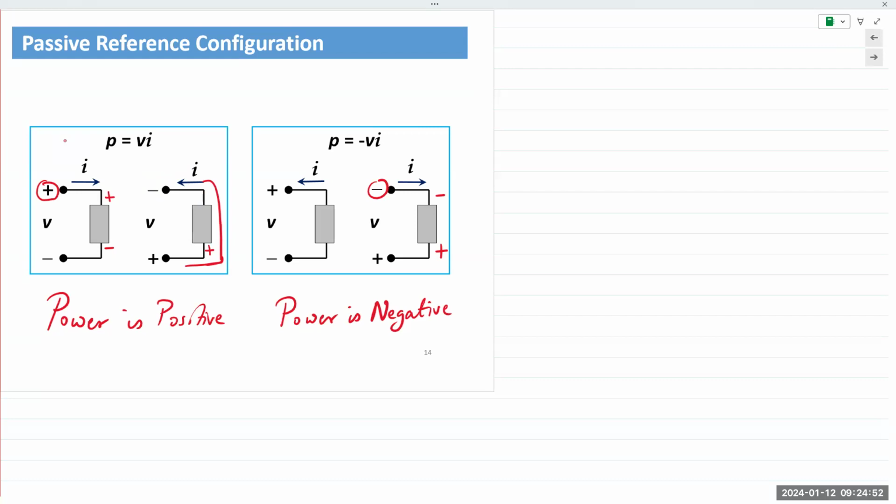And the same thing here. If we extend the arrow, we see the current is entering the negative terminal and power is negative. Let's take a 10-second pause, think over it, and let me know if you have any questions.